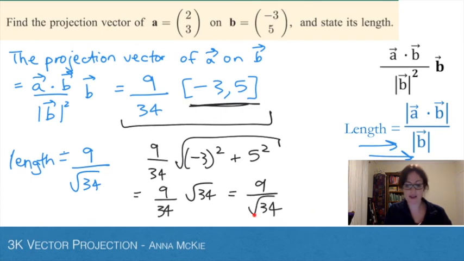So you're still going to get the same answer. You can either use the formula for length, or if you get stuck, just go back to thinking, how do I work out the length of a vector normally? You do the formula on that part, and then you incorporate the scalar at the end.